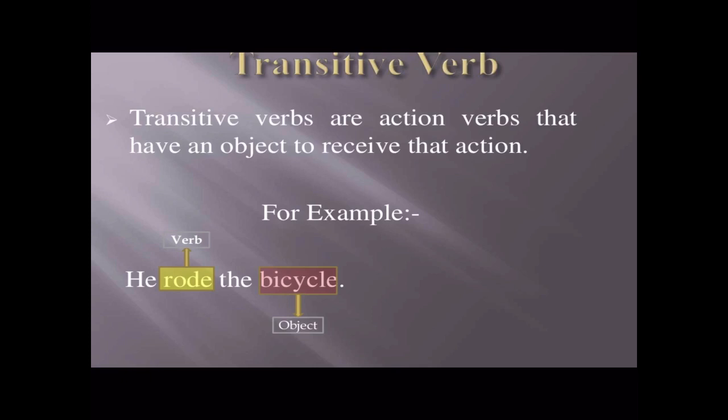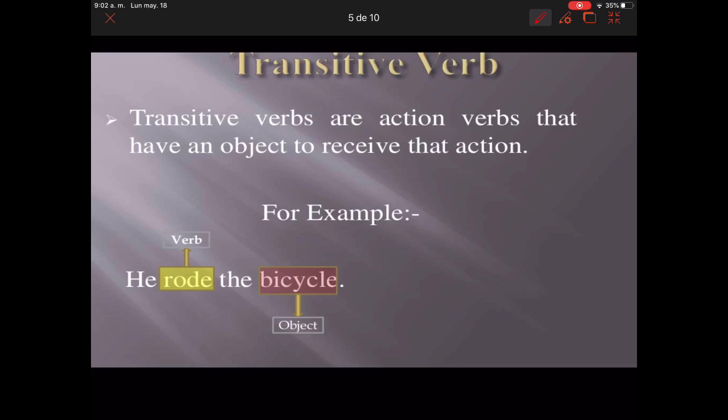For example, he rode the bicycle. We ask what, and you add the subject and then the verb. And if you have an answer for it, well, you have an object. This is the main formula: what plus subject plus the verb.